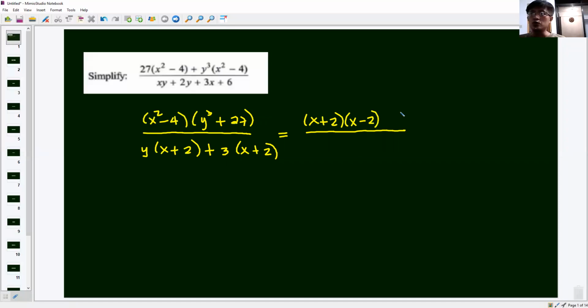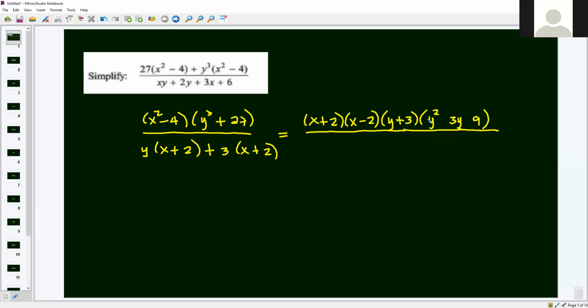Sum of two cubes. How do we factor the sum of two cubes, guys? One, two, one, three. Cube root, square, product, and square. Right? And if it's a plus, that's a plus.